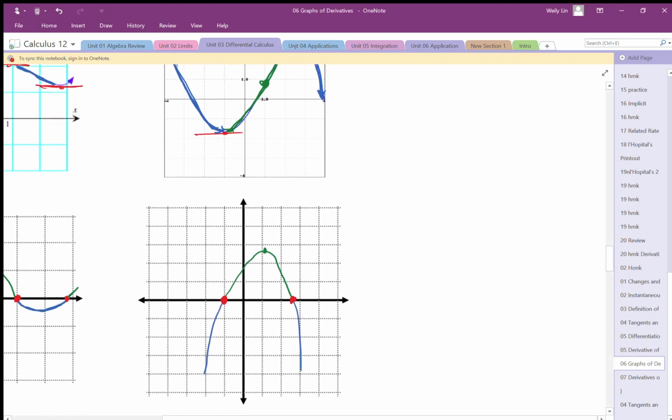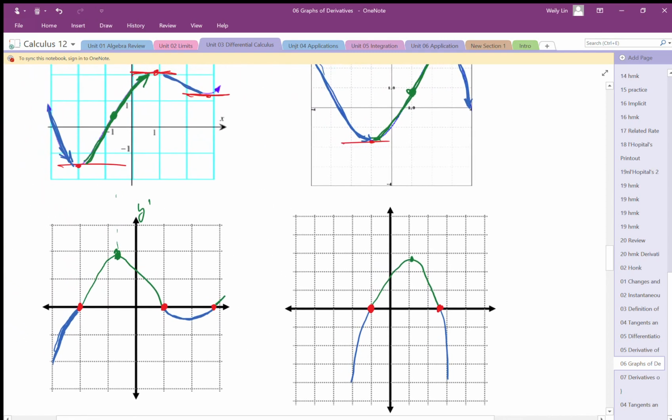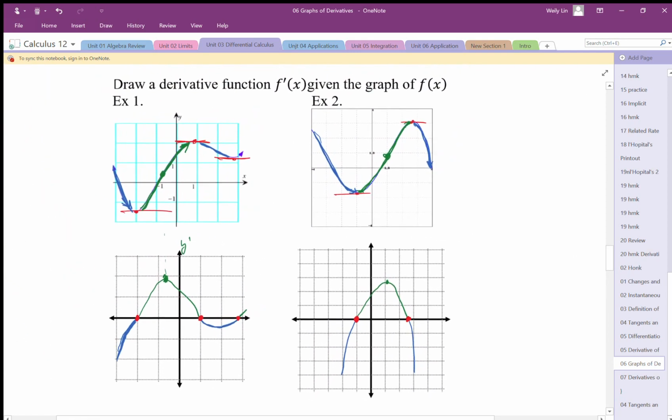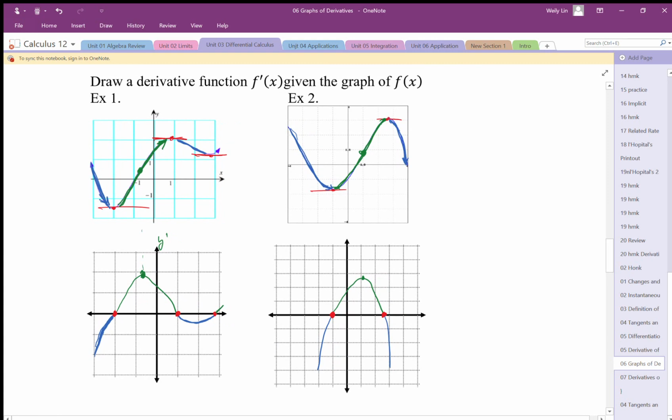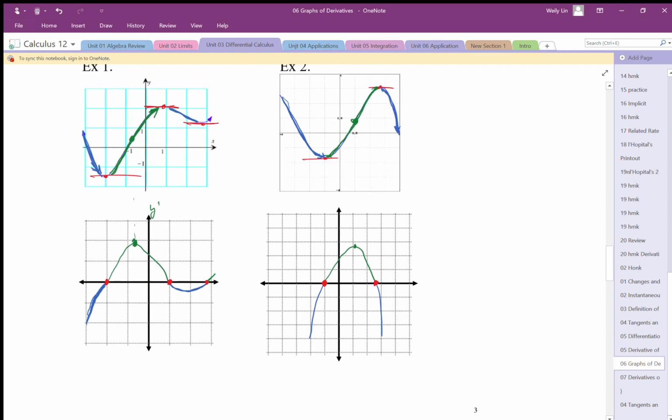There it is. Those are how we can map a function onto a derivative function. There are some apps that do this, and I think I've shown you some that do a much better job than I did here. But essentially, these are the things we're looking for if we're going to do this by hand.